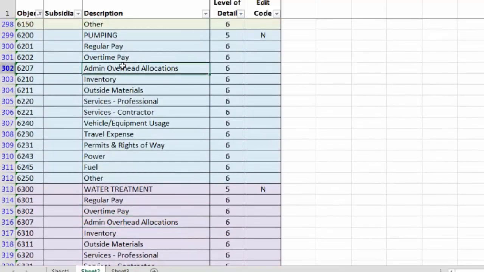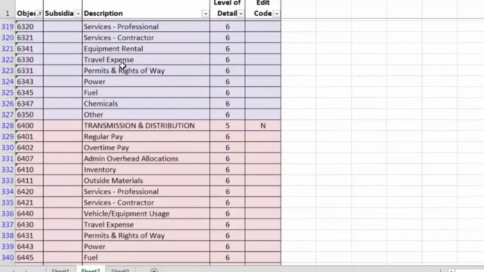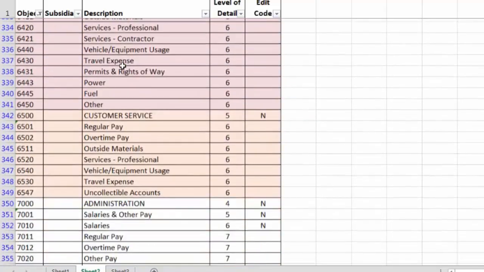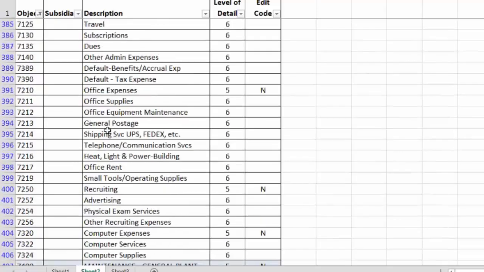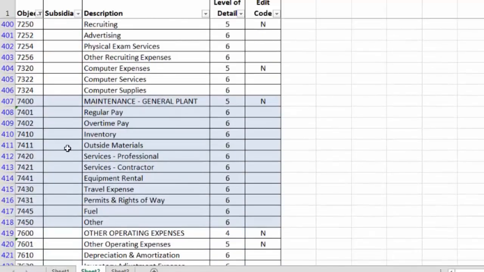So in each of these job sections I have 07 except for customer service. Customer service is considered a part of administration, and therefore you do not put extra or calculated admin overhead on it or on general plant.